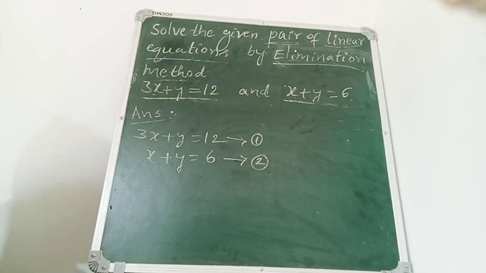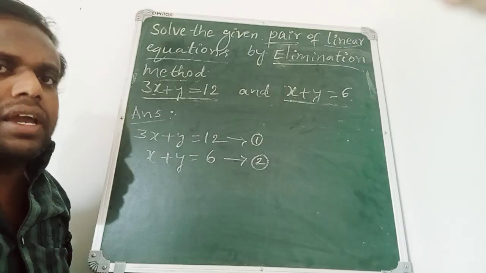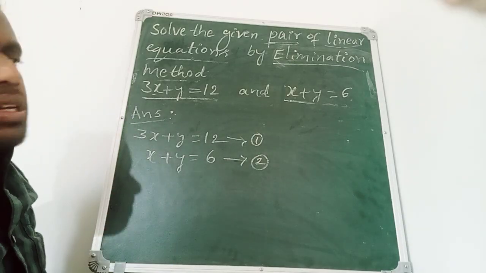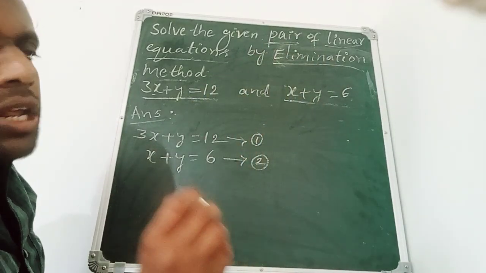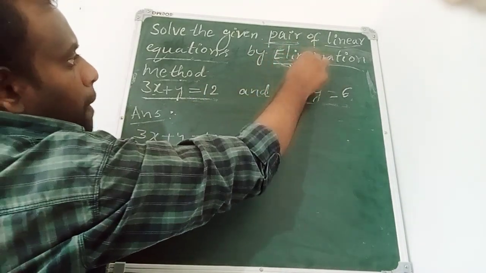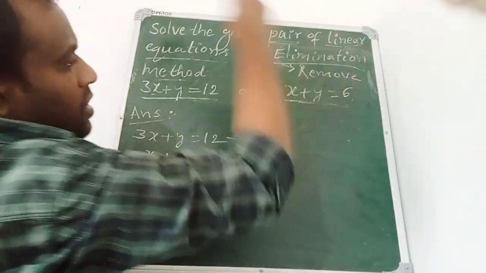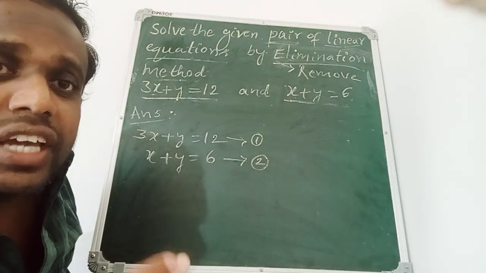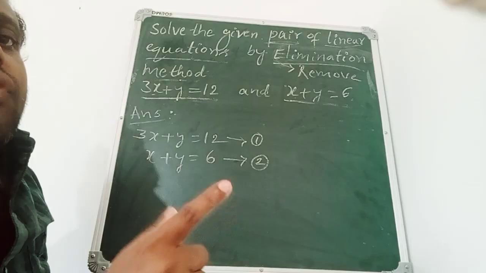Now, the question says we need to solve by elimination method. The meaning of the word elimination is remove. That means we have to eliminate one variable first, then find the value of the other variable.